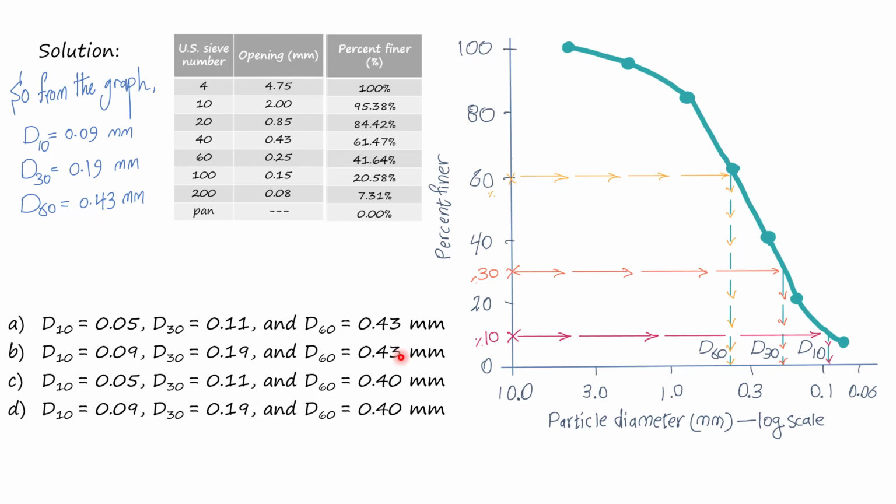So B is the right answer, but if you do it really quick, you might just go for option D. You're going to see D10 is 0.09, D30 0.19, and also we have that, but the last one is 0.4. What I need you to do is pay extra attention and not just quickly pick the one you think is right. Make sure you match the number with the results you got. So with that, we know the correct answer is B.